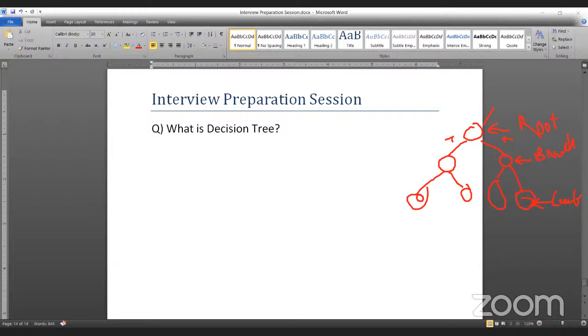So how do we decide which attribute to take as a node? Yeah, Shalini, you are correct. How to decide which node to take?